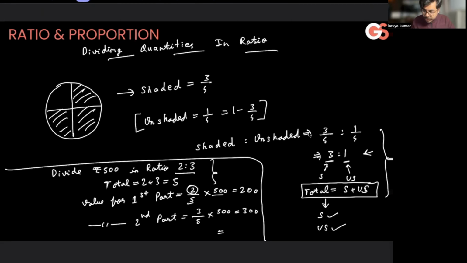Or this can also be written as 500 minus 200, that is, 500 minus the value of the first part. So we have both the values, 200 and 300. This is how you can divide quantities in ratios.